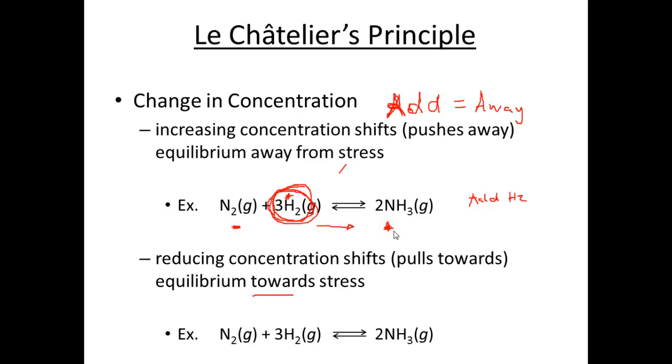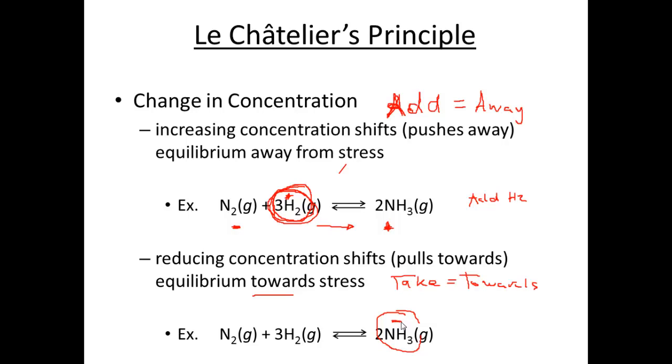Now, the exact opposite is if we take ammonia gas away. When we're reducing concentration, that's like taking, so we go towards the stress. If we're going to take ammonia gas away, I want you to circle this.